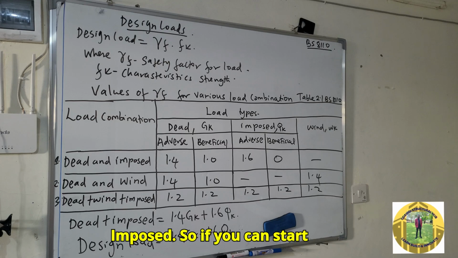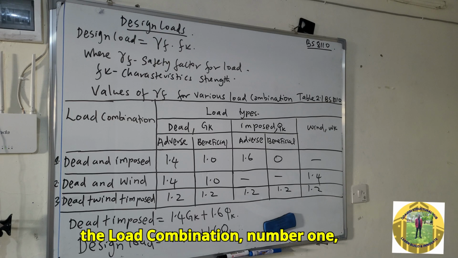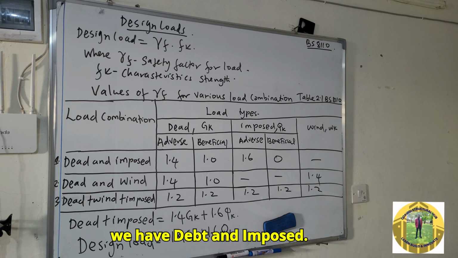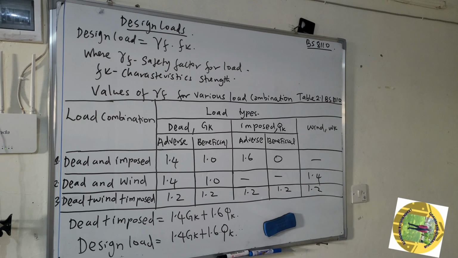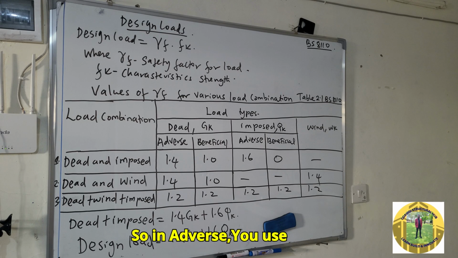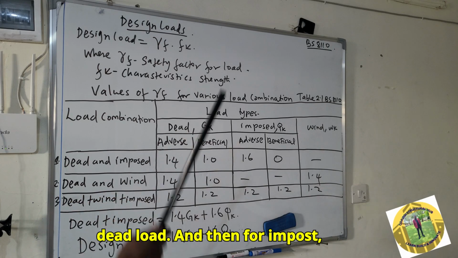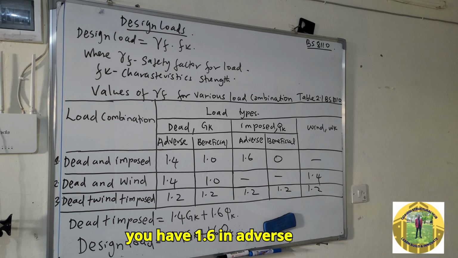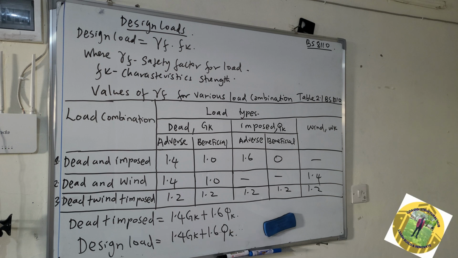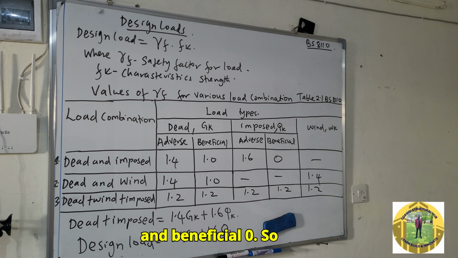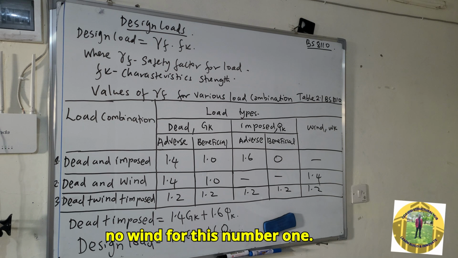So if you start with the load combination, number one, we have dead and imposed. So in adverse, you use this value 1.4, and in beneficial 1.0 for dead load. And then for imposed, we have 1.6 in adverse and beneficial 0. So no wind for this number one.